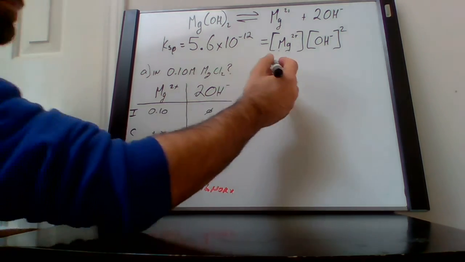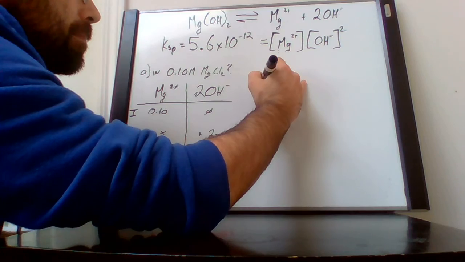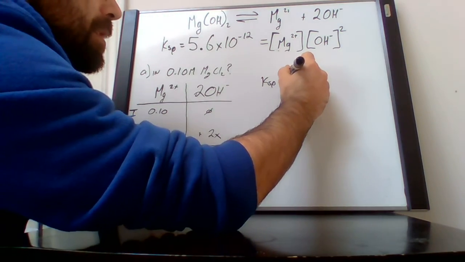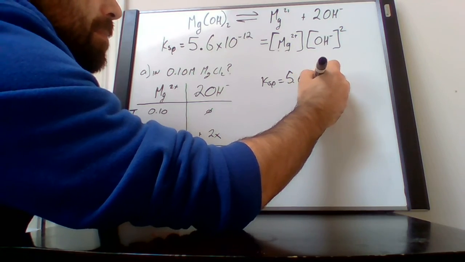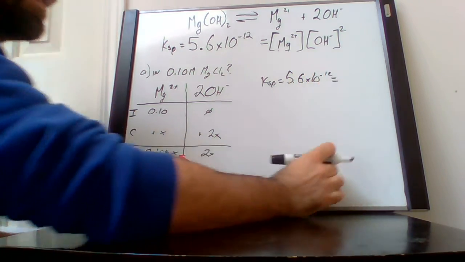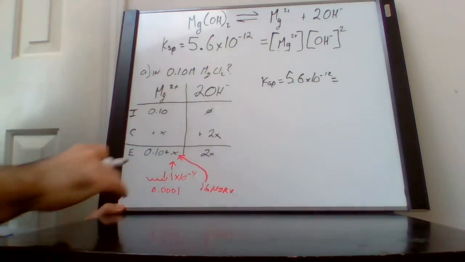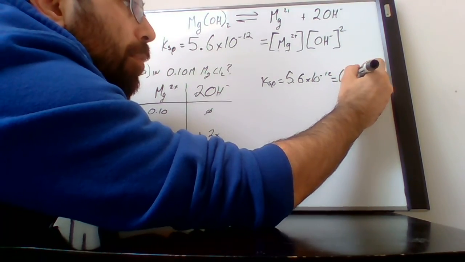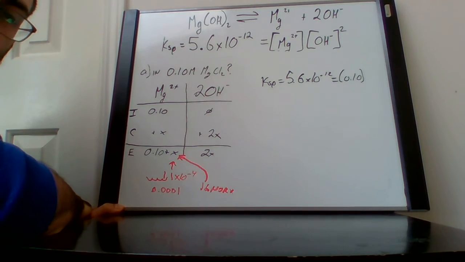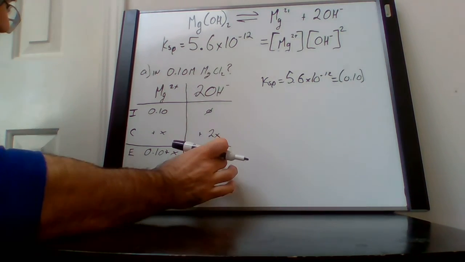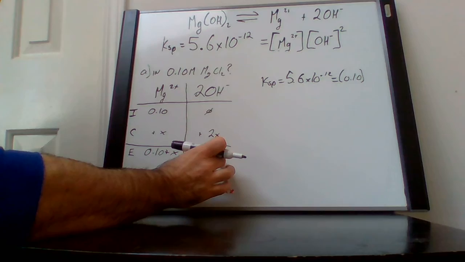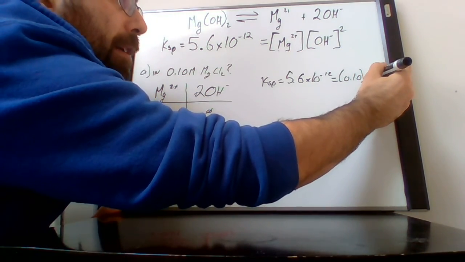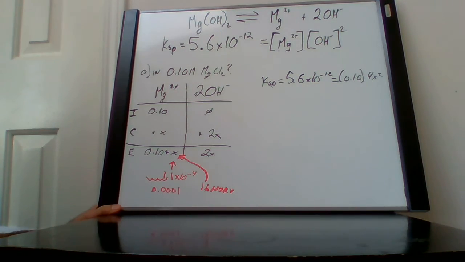And so then we look at our Ksp. We still have this 5.6 times 10 to the negative 12. That's going to equal our concentration of magnesium, which we have down here at 0.10, and then we have our hydroxide as 2x, so this now becomes 4x squared.